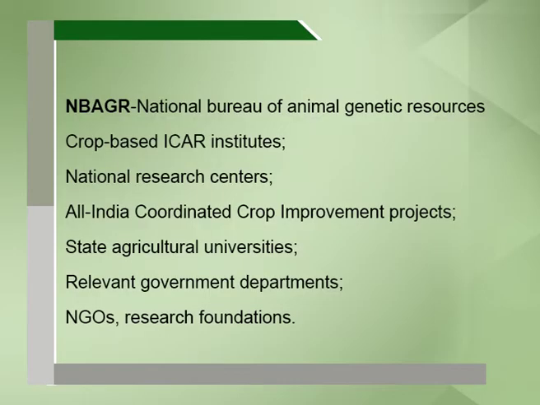For the crop-based ICAR institutes, it also provides support to the National Research Centers and All India Coordinated Crop Improvement Projects, and it also extends its support to the state agricultural universities and relevant government departments, NGOs, research foundations as well as private partnerships.